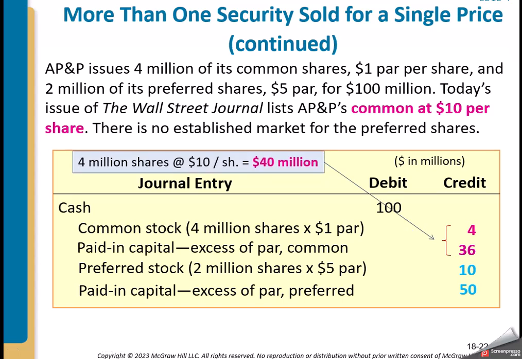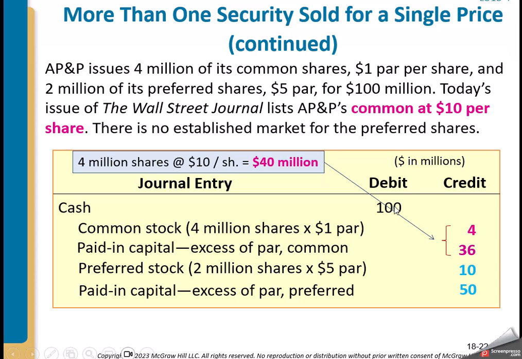So say we issued 4 million shares of common stock and 2 million shares of preferred stock, all for $100 million.